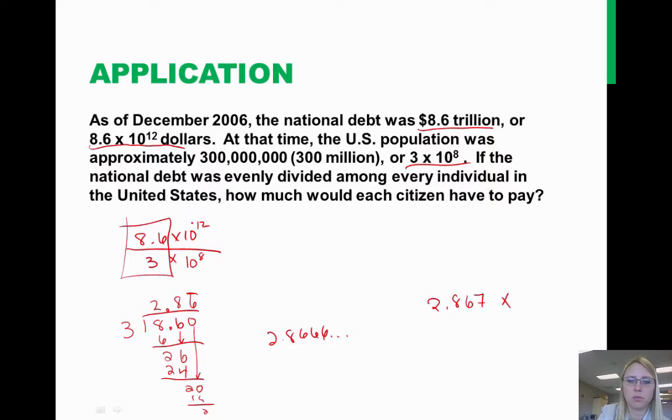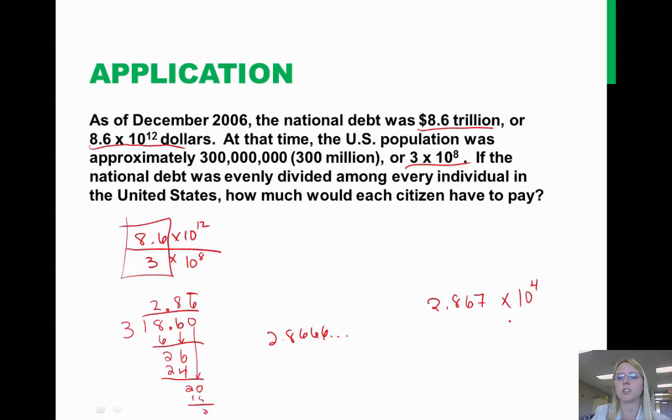Now we're going to look at these ones. Remember, if we have an exponent to the 12th and then divided by an exponent to the 8th, we're actually subtracting the exponents. So that will be 12 minus 8, which will be 4. So our answer to this is this in scientific notation. And I would say most people don't really know what that really means in dollar amount.